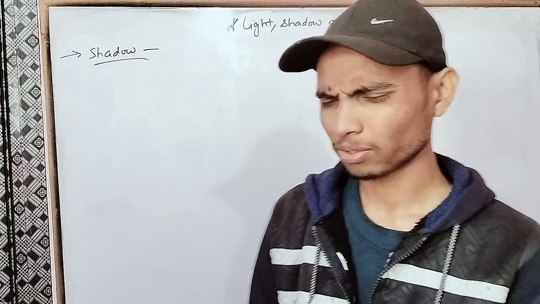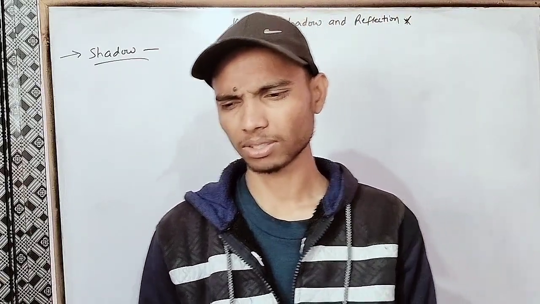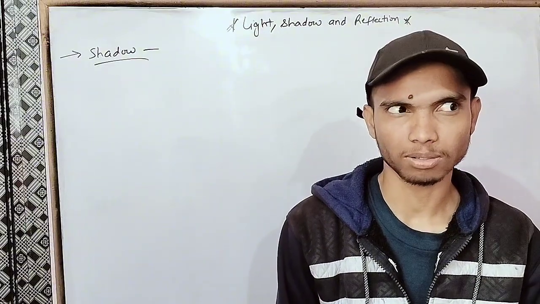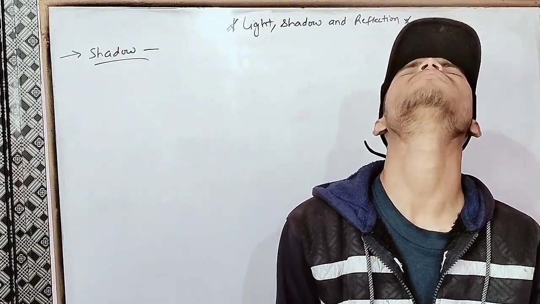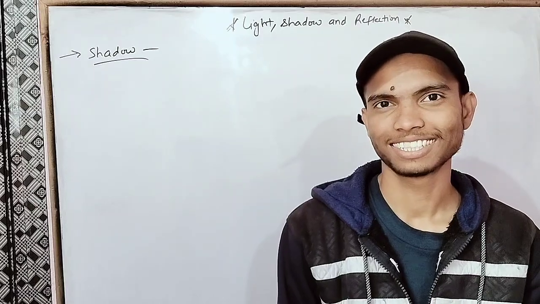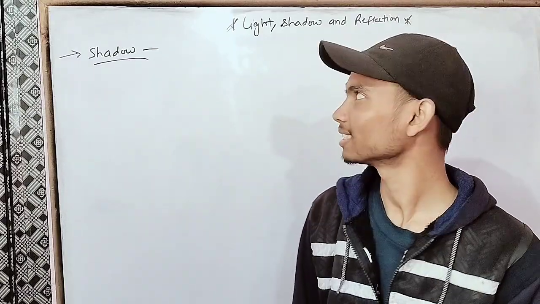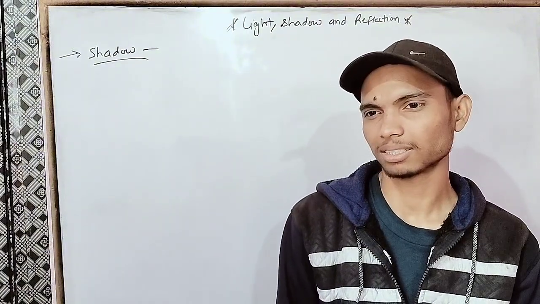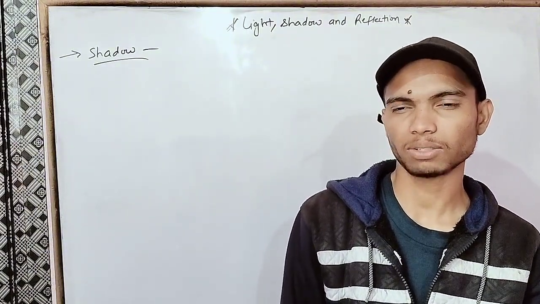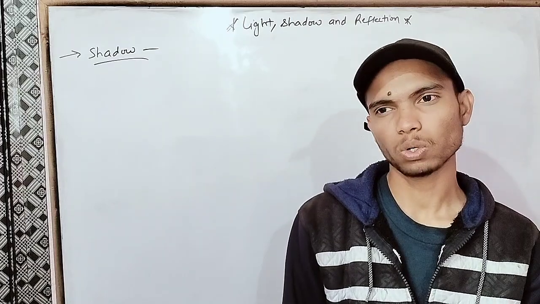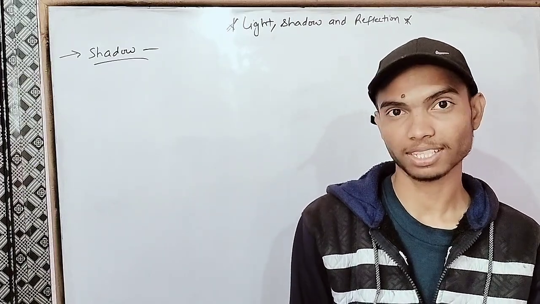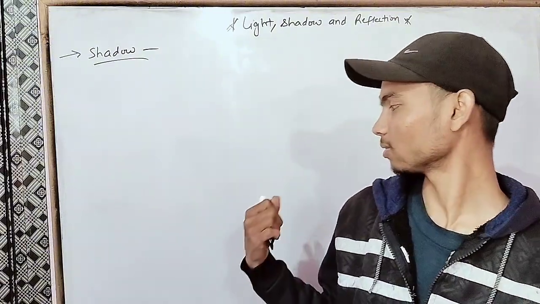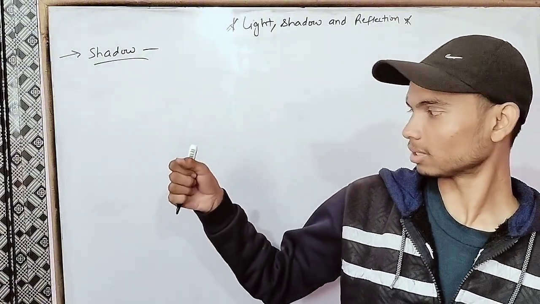It happens because of the absorption of all colors except black by light. So till here we can remember and understand that the color of a shadow will always be black, and we see the color of a shadow is black. Now here you can see as well.